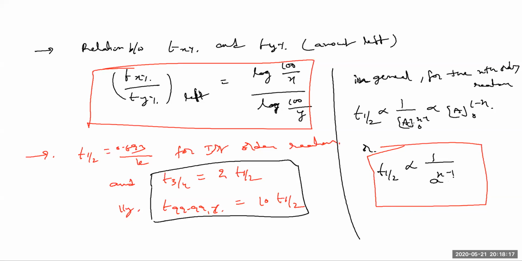Small a is the initial concentration only, no? Sir, to the left side, T half is equal to 0.693 divided by K, for first order reaction.